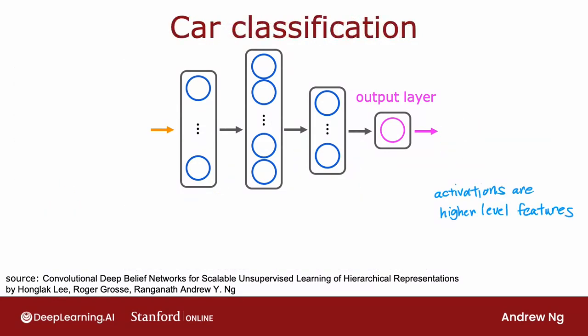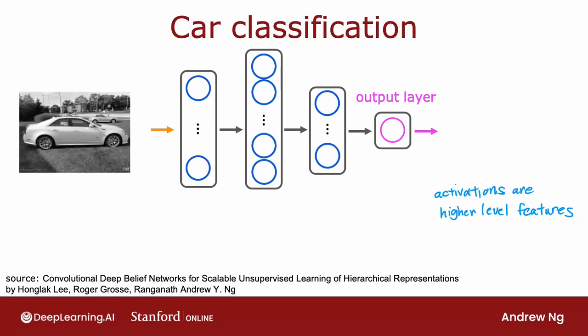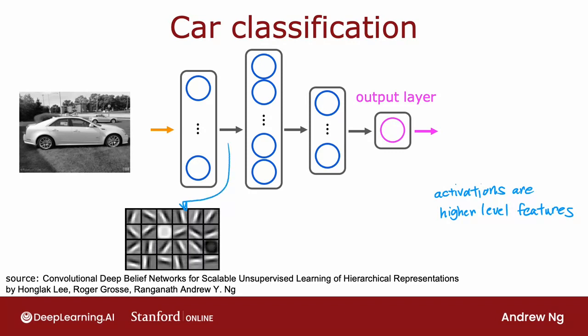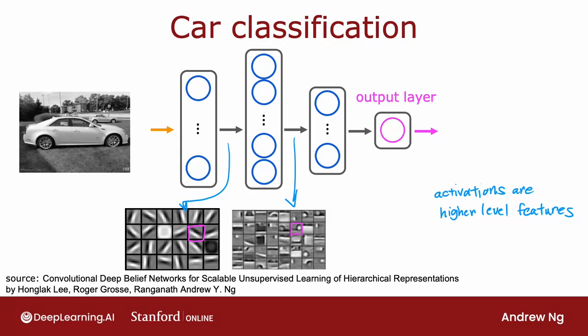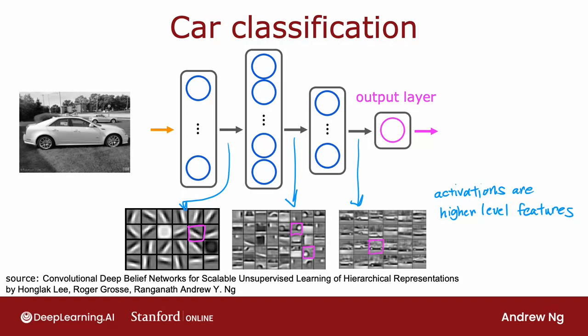Just for fun, let's see what happens if you were to train this neural network on a different data set, say on lots of pictures of cars pictured from the side. The same learning algorithm, if asked to detect cars, will learn edges in the first layer, pretty similar, but then it will learn to detect parts of cars in the second hidden layer, and then more complete car shapes in the third hidden layer.